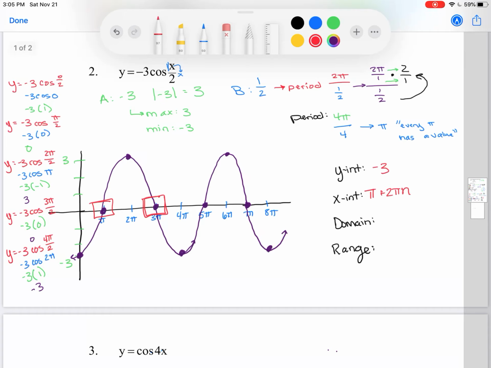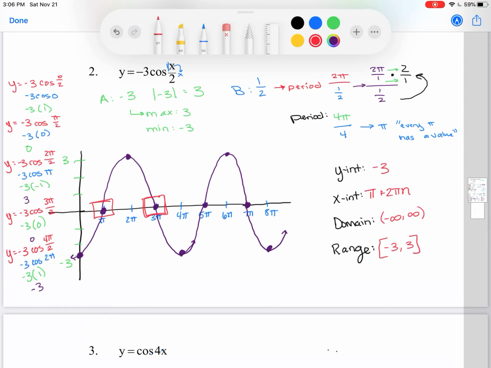Your first x-intercept is going to occur at pi, followed by the next x-intercept, which was at 3 pi. So what did you add to that to get to 3 pi? You added a 2 pi. And that's going to happen every n times after that.